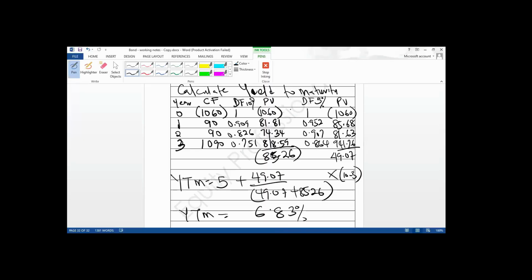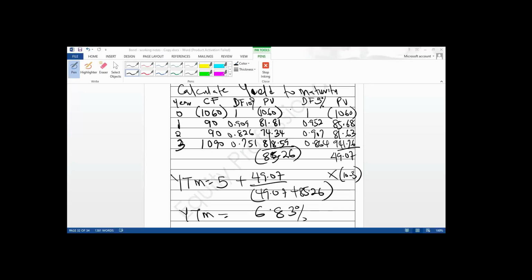Part of the question says, explain why an investor may not realize the calculated YTM. You have calculated 6.83.